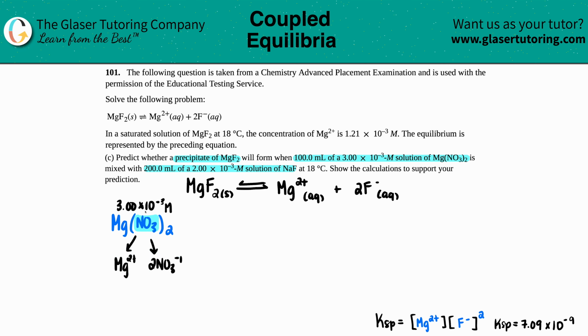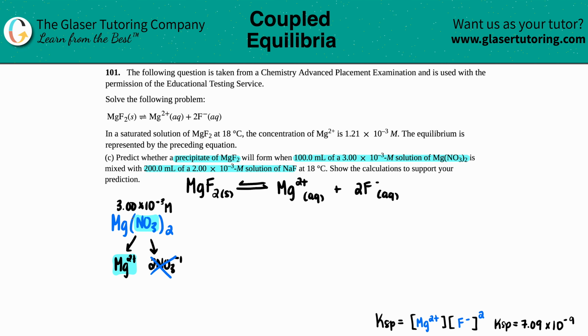Well, I only care about the one that's in the equation that I'm after, right? I need to figure out whether a precipitate of MgF2 is going to form. So out of Mg2+ or NO3-, which one matches the equation that I want? Yeah, it's the Mg2+. So who cares how much NO3- we're going to make? Don't waste your time on doing extra stuff that you don't have to.